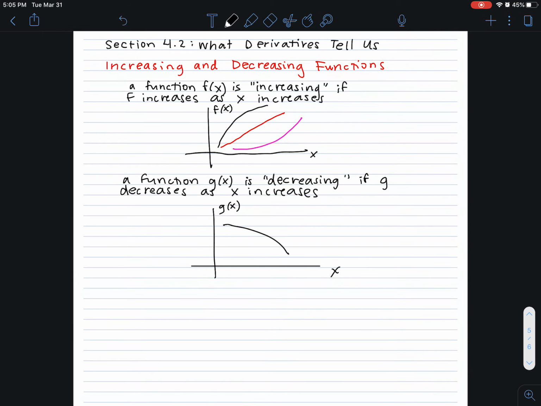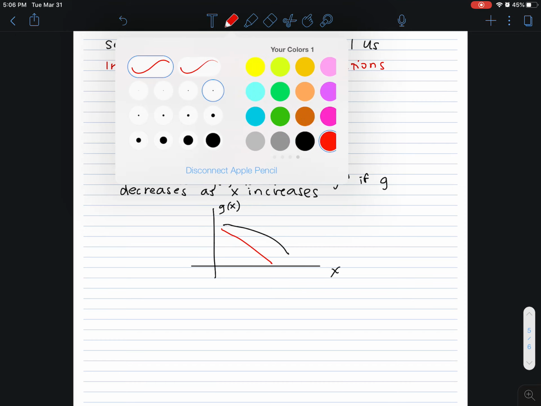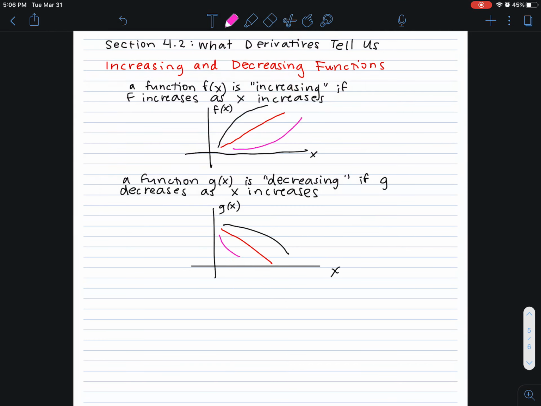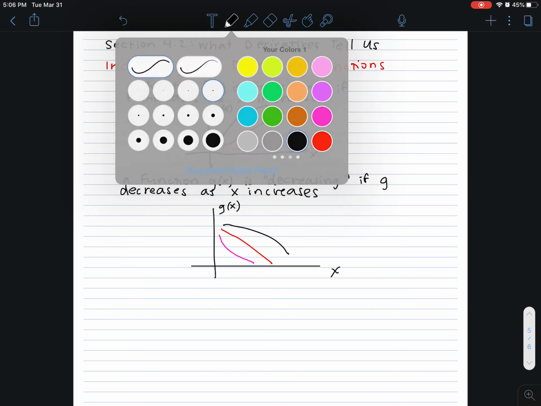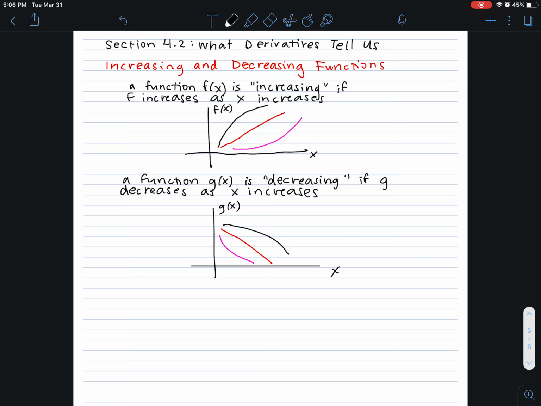This is a decreasing function. This is a decreasing function. And that's a decreasing function. So that's just some terminology for you guys. I hope that it's kind of obvious that if a function is increasing, like these guys, the slopes are positive, right? We're getting larger. And if a function's decreasing, the slopes are negative.